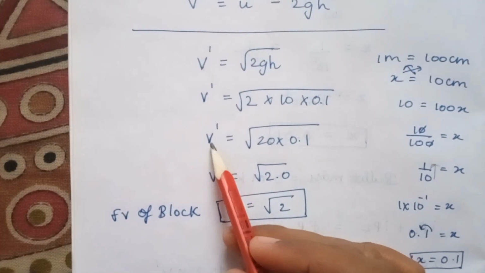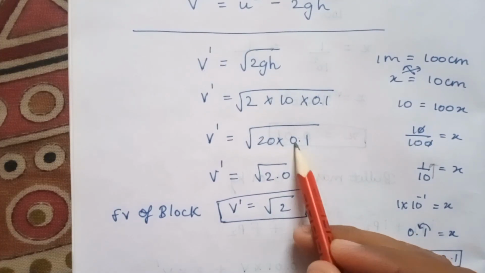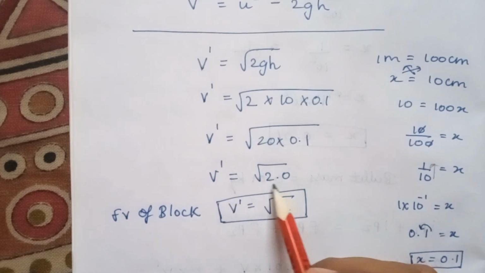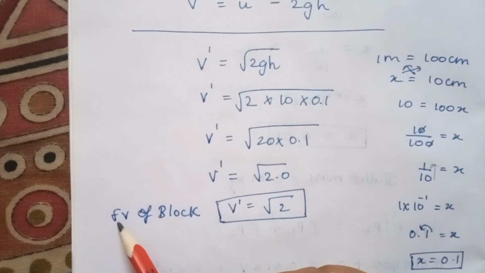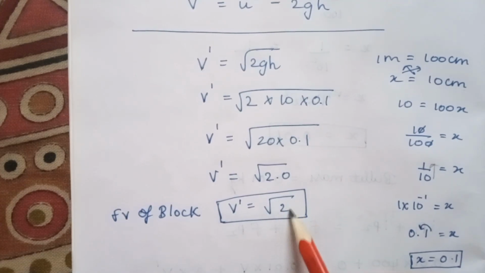So v dash is equal to square root of 20 into 0.1. 2 into 10 is 20, so v dash is square root of 2. The final velocity of the block v dash is square root of 2.